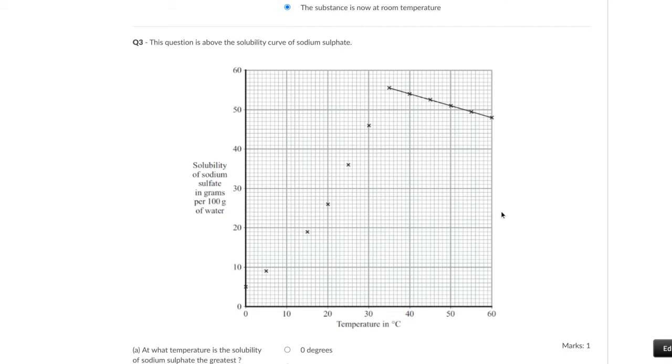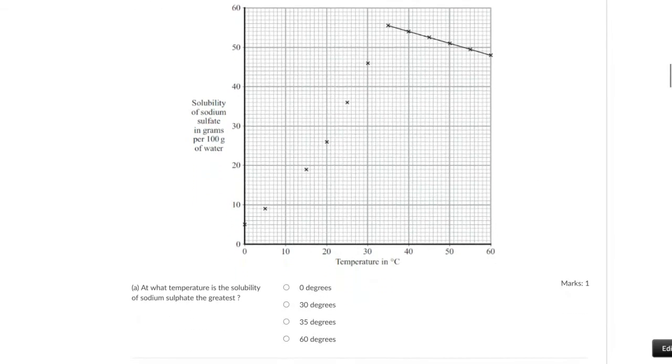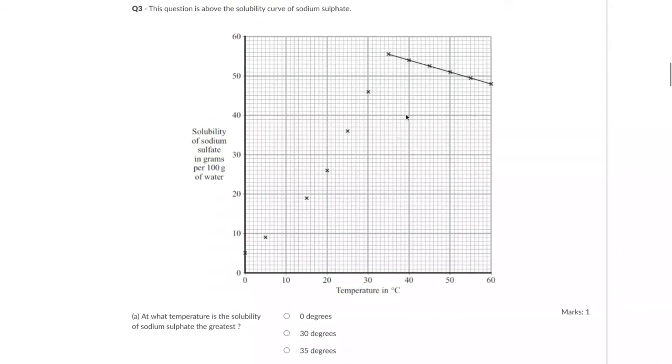But for sodium sulfate, it's got different amounts of solubility for the various temperatures from the experiment. In the first question, we're asked at what temperature the solubility of sodium sulfate is the greatest. So they're wanting to know the temperature at the greatest solubility. Solubility is on the y-axis, so it's the highest point up.